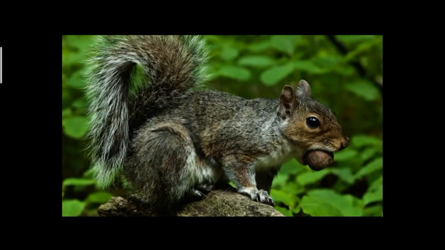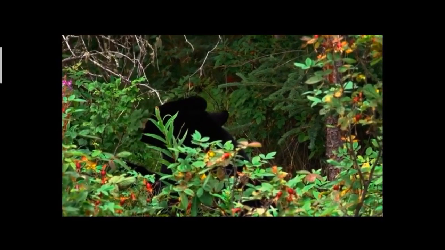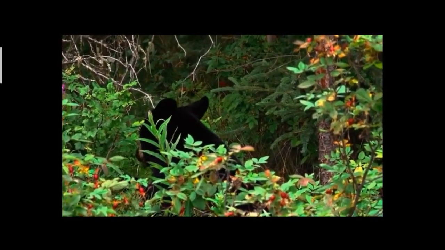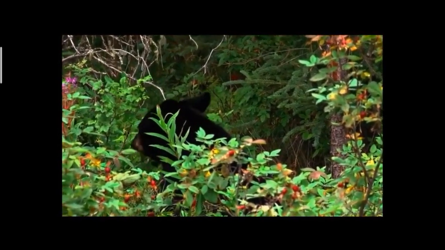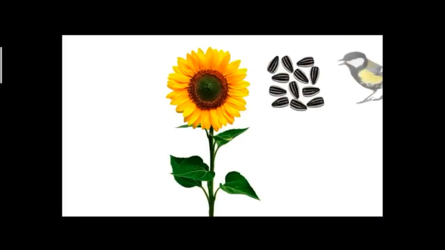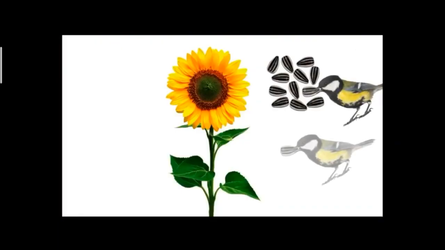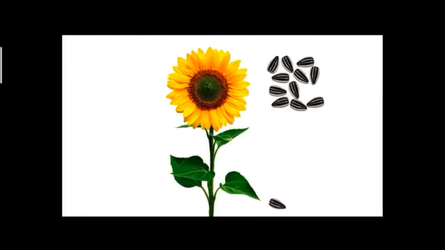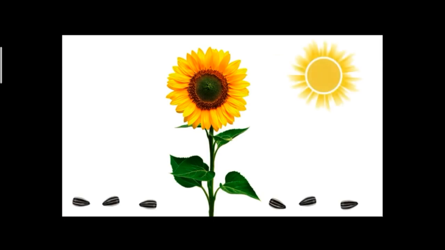The body of the dog contains some seeds. So these animals will spread or transfer the seeds from one place to another place. Seeds germinate in the presence of air, water, and heat.